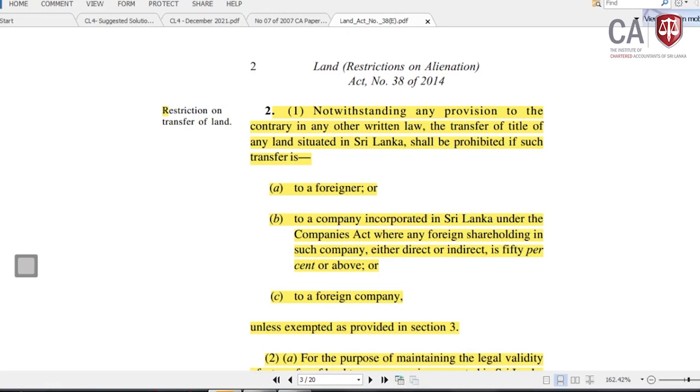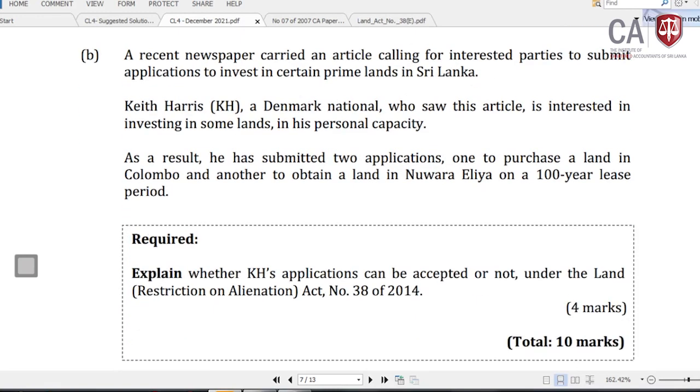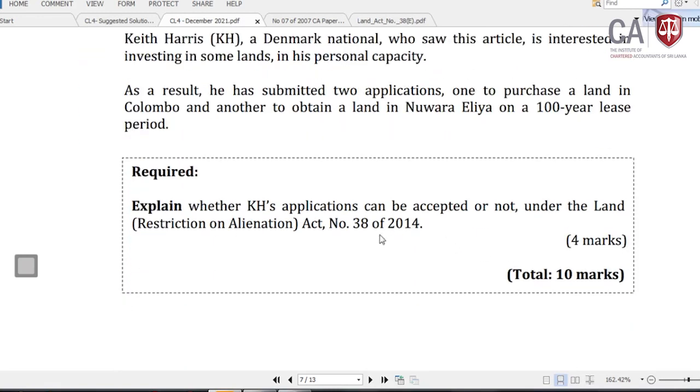One is to purchase, buy a property in Colombo. The other one is to acquire a lease in Nuwara for a period of 100 years. So what is the requirement? Explain whether Keith's application can be accepted or not under the Land Restrictions on Alienation Act number 38 of 2014.